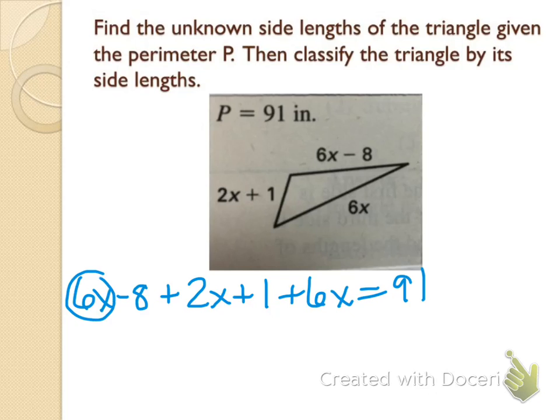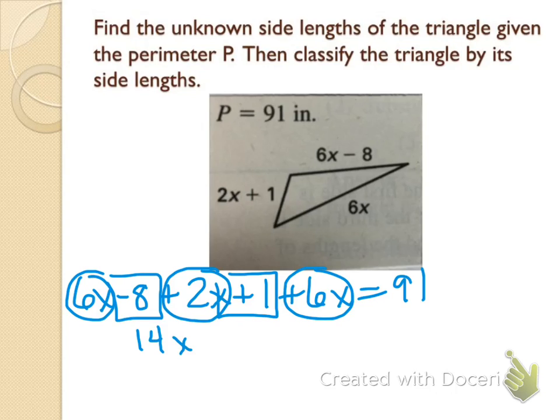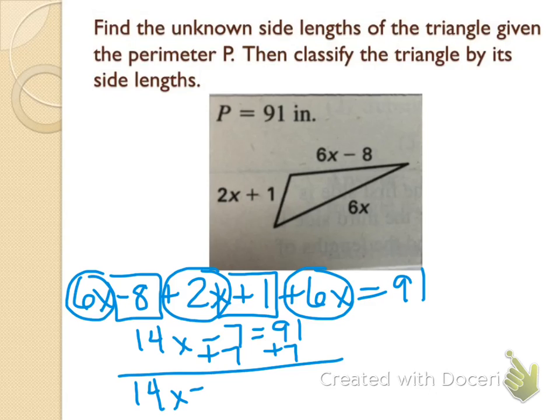And just go through and combine like terms till you can get 14x minus 7 equals 91. Add 7 to both sides. If 14x equals 98, by dividing both sides by 14, we find that x is equal to 7.